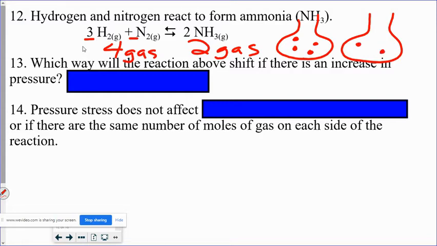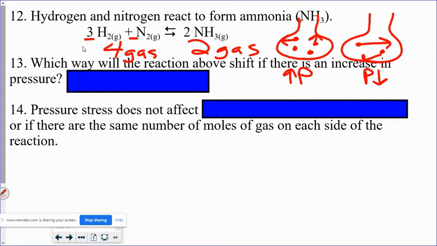Pressure is defined as how often the gas molecules hit the side of the container. I would say 4 gas molecules right here are hitting the sides of the container more often than these 2 gas molecules are. So in other words, with 4 gas molecules, there's a greater pressure. With 2 gas molecules, there's a lower pressure.